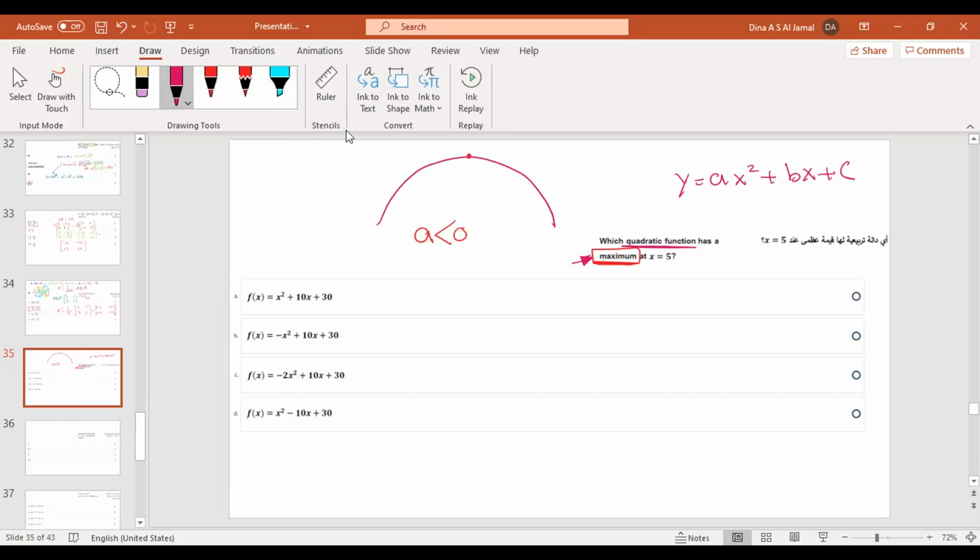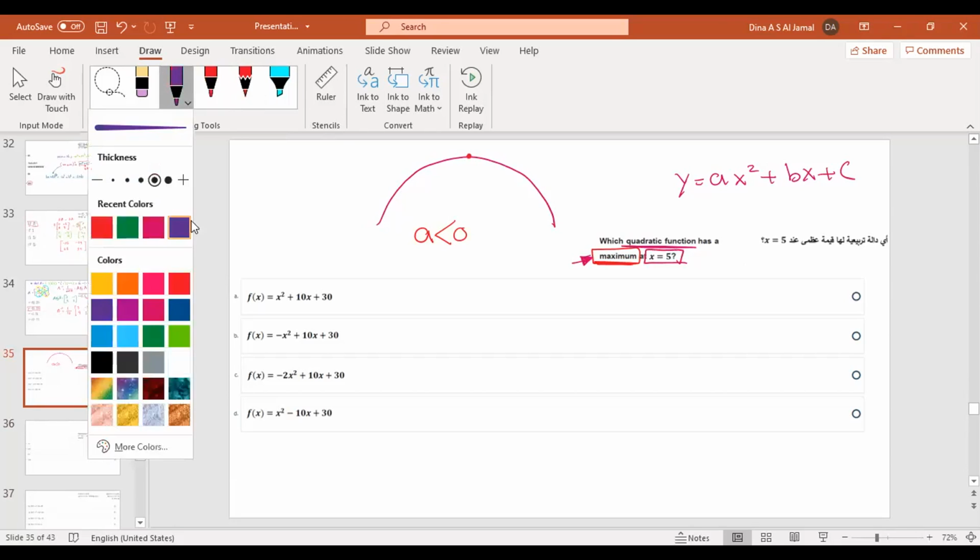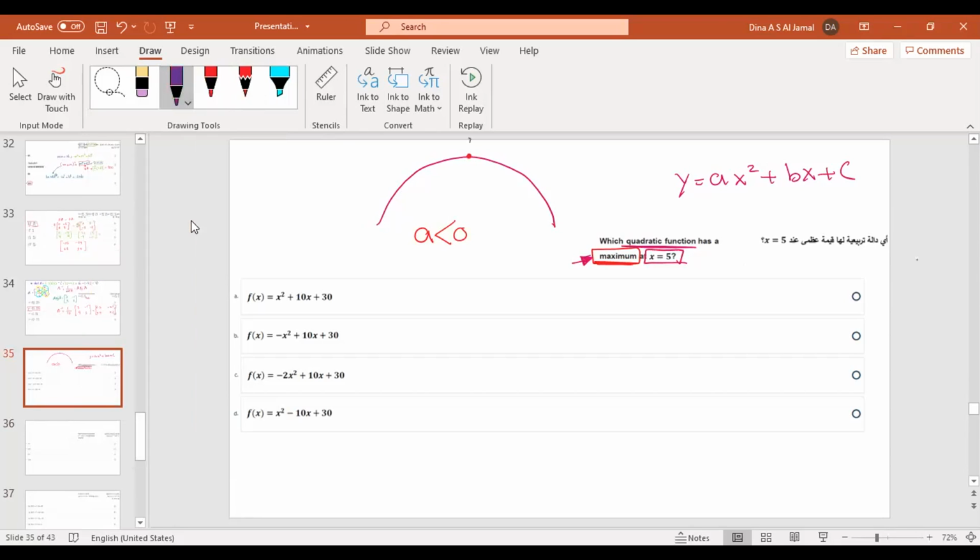And whenever he gave me my x, the x value of the maximum is the same as the x value of the axis of symmetry. That means, what is the axis of symmetry? Minus b over 2a, which is the same as your x value whether you have a max or minimum.